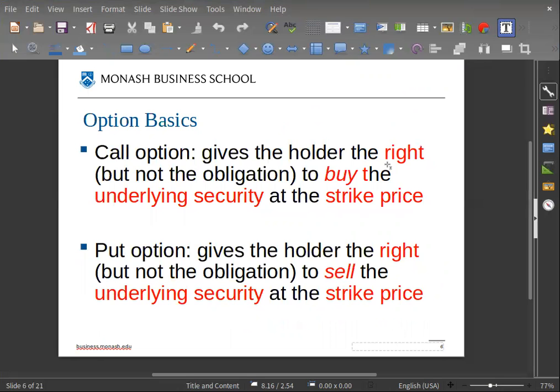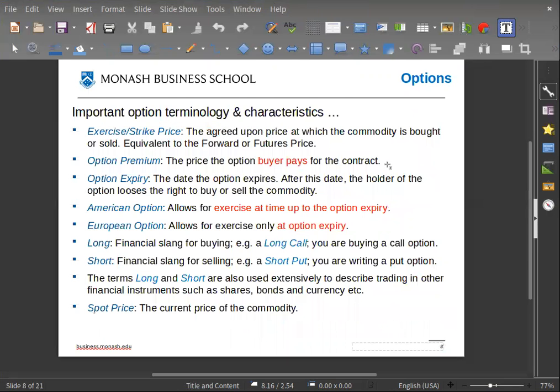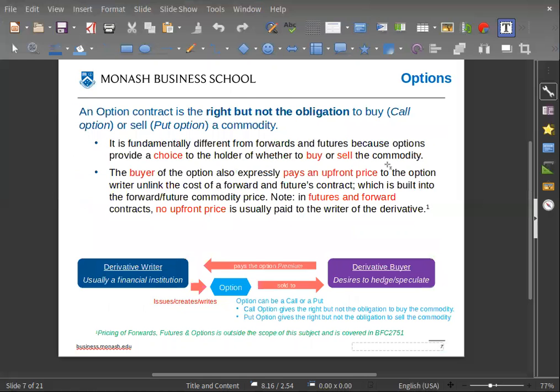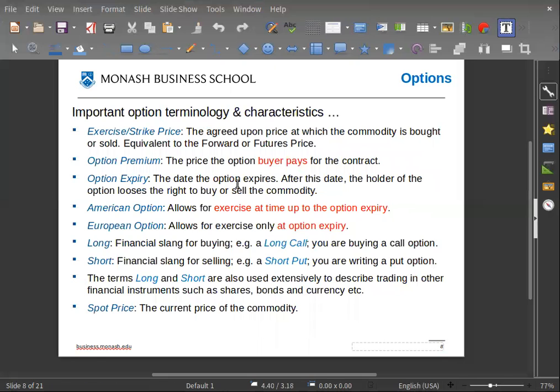Now, a key difference in options pricing compared to futures and forwards is that in futures and forward, there is no upfront price which is paid to the issuer or the writer of a futures or a forward contract. By contrast, in options, whoever issues the option, whoever writes the option, they are to be paid a particular sum, and that is called a premium, an option premium.